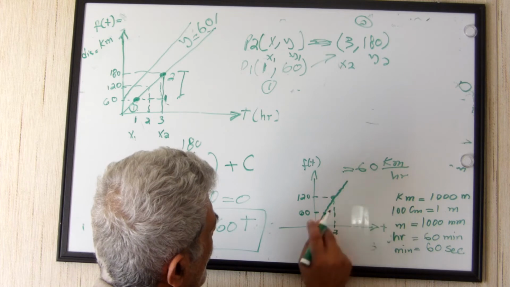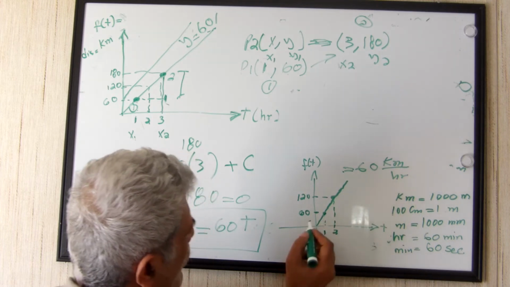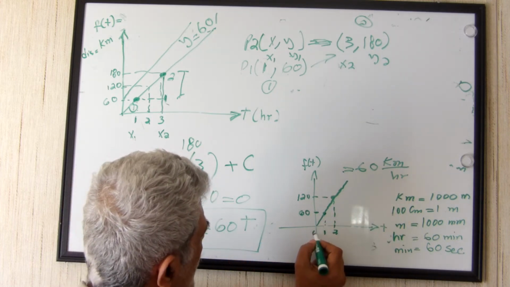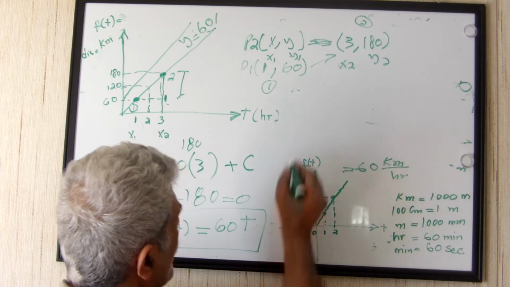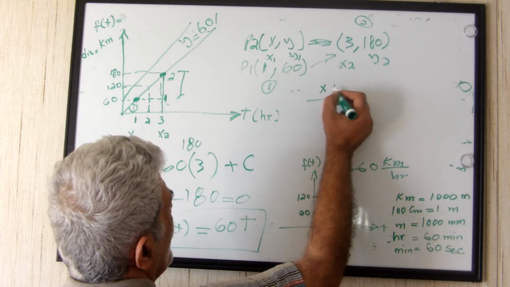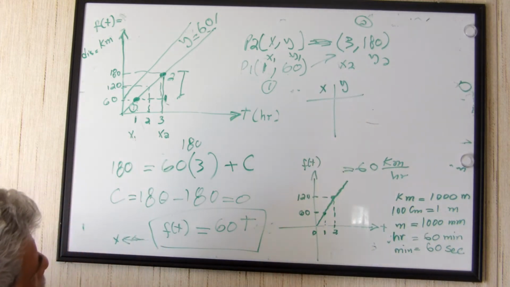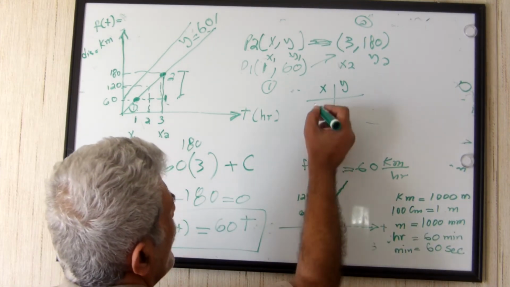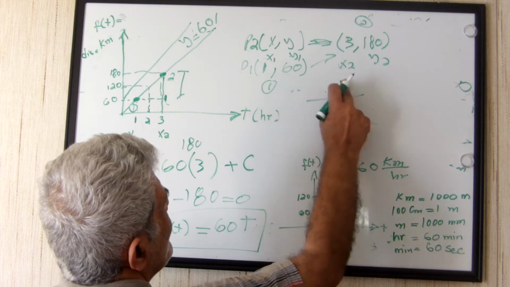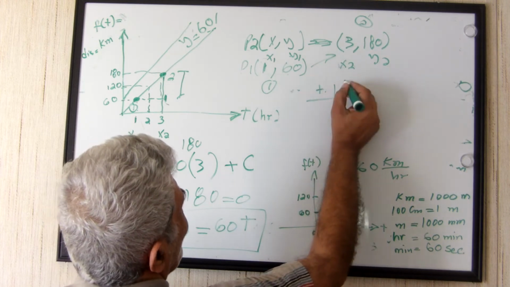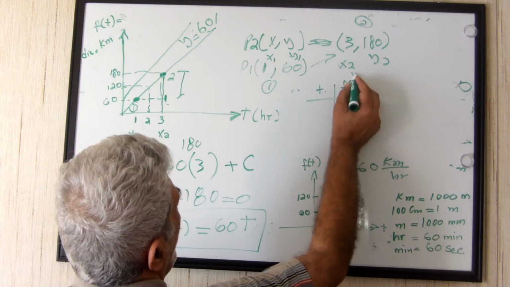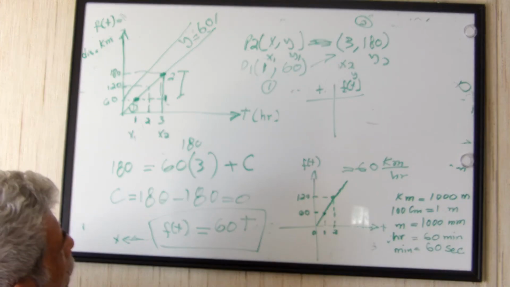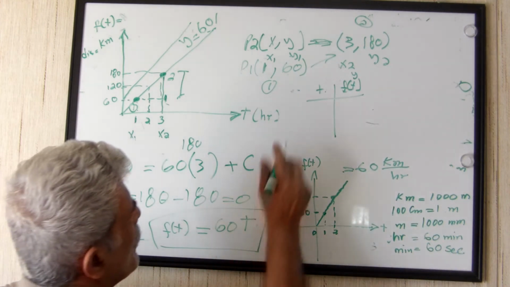You see that? And at 0 time, what is going to be? We put the input-output values here. t is 0. We say t, and then f of t, or y.